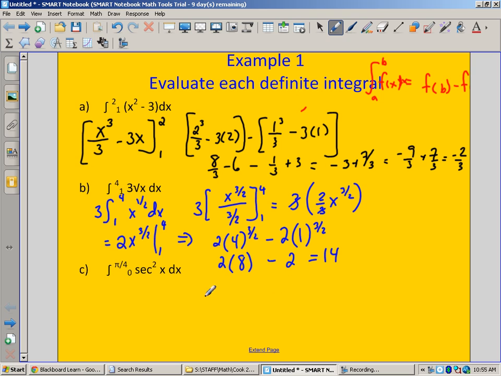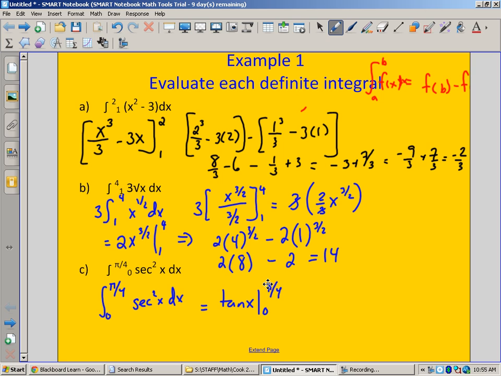Finally, for secant squared x, I need to remember what I differentiated to get secant squared, and I believe that was tangent. When we do the integration, this turns into tangent of x from 0 to pi over 4.